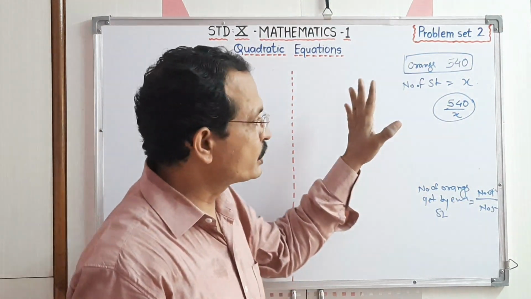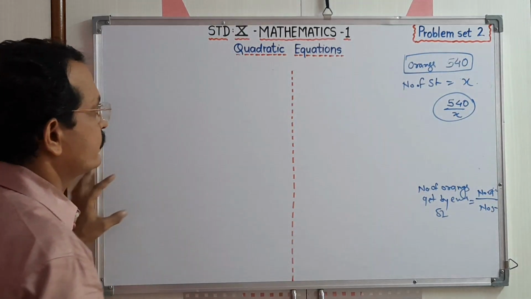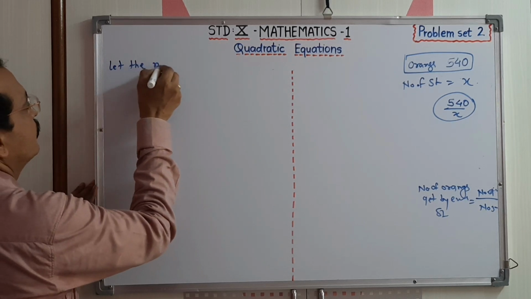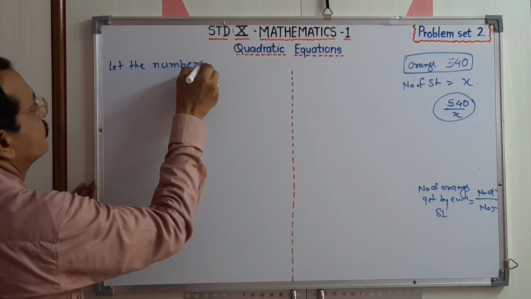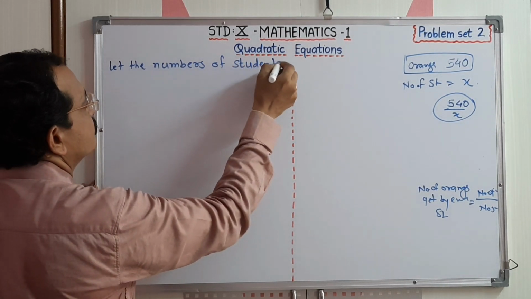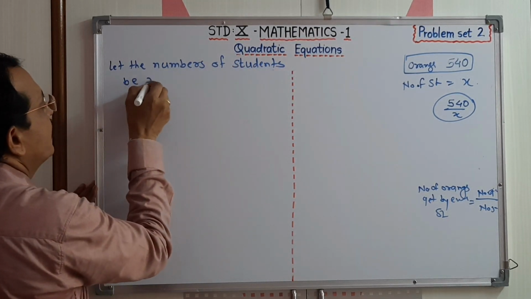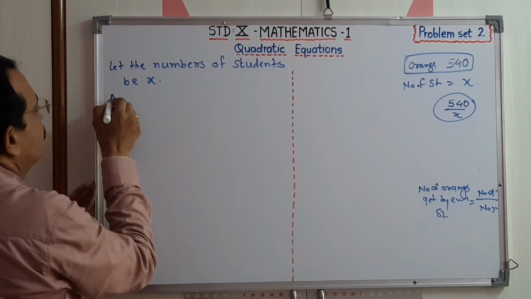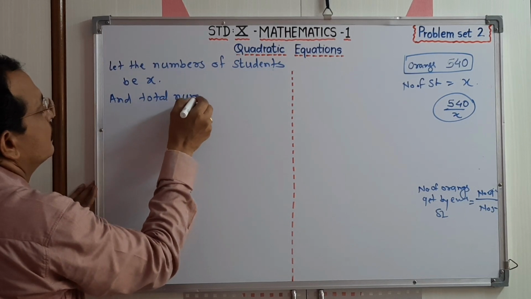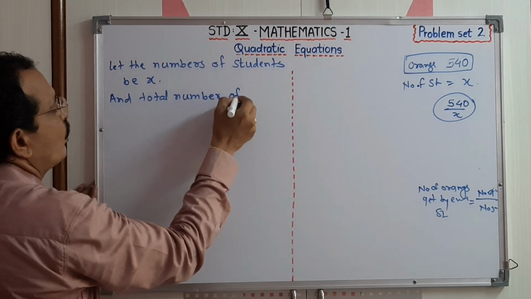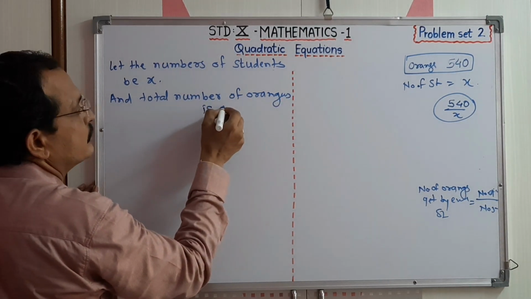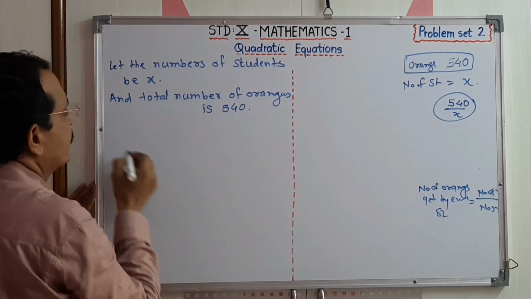First of all we have to write this. Therefore, let the number of students be x and total number of oranges is 540.